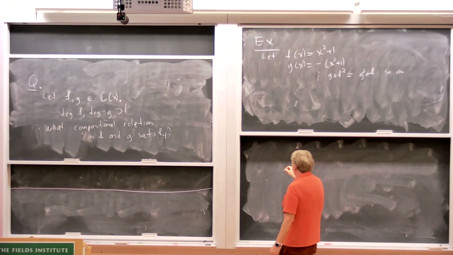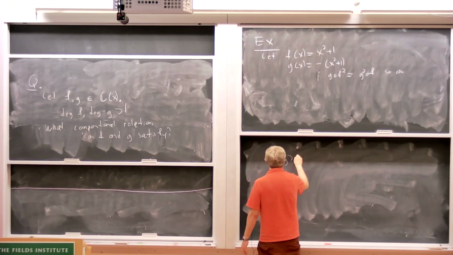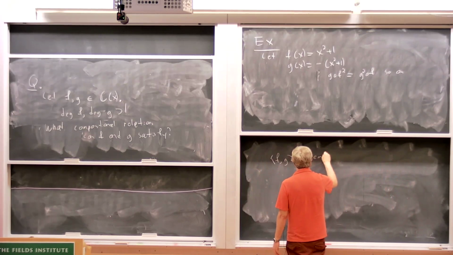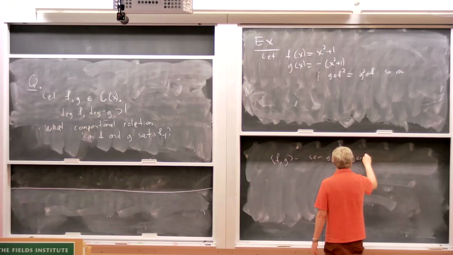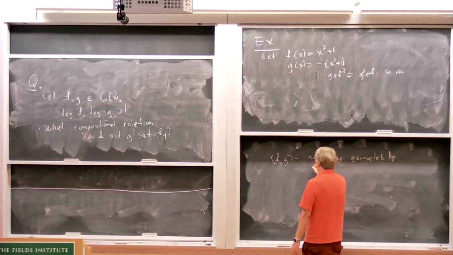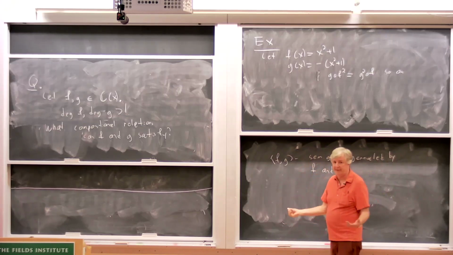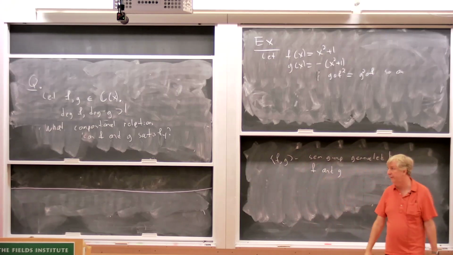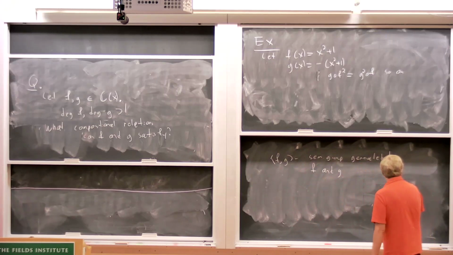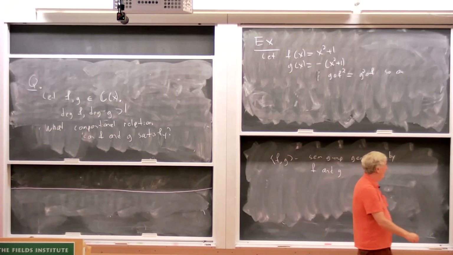When I write something like this, I mean the semi-group generated. Usually this means group, but we don't really have any group that these guys fit into, so it's just a semi-group.